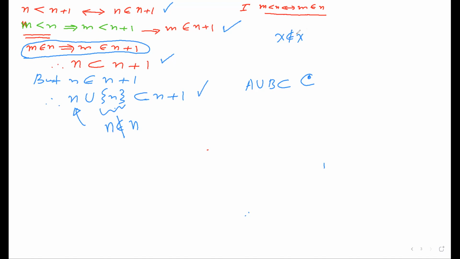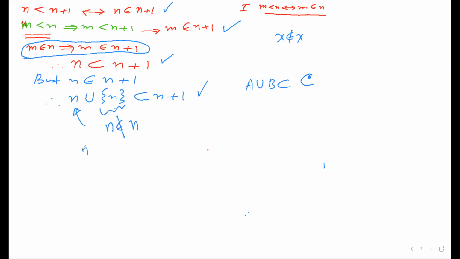So this has n elements, and the element of this set is not an element of that set. So you have here n plus 1 elements. If a subset has the same number of elements as this set, those sets are equal.